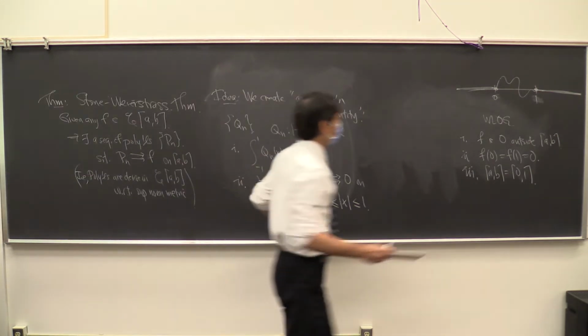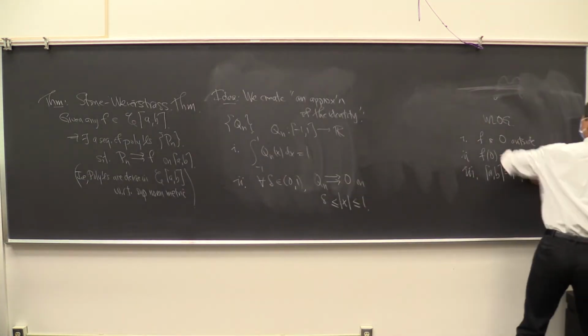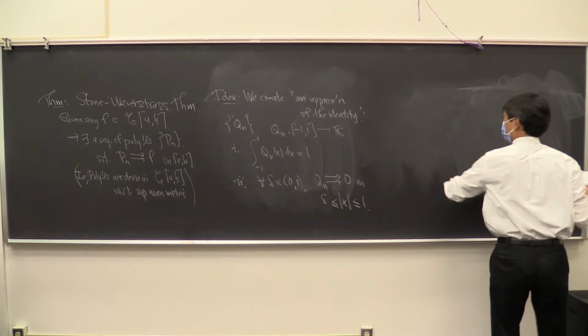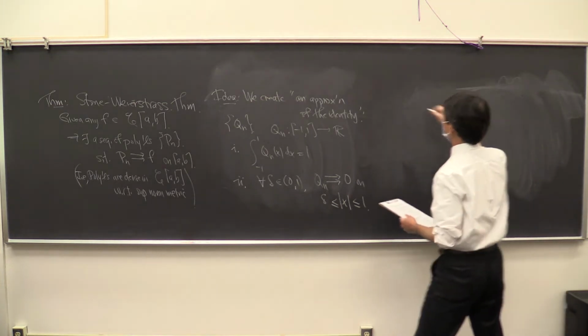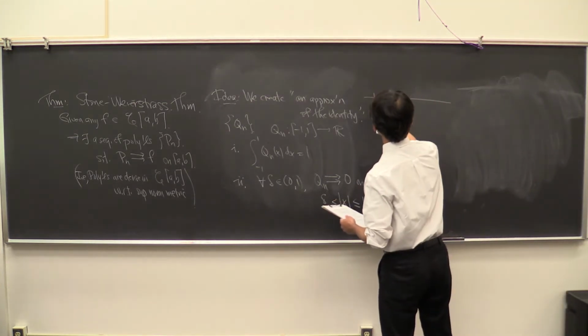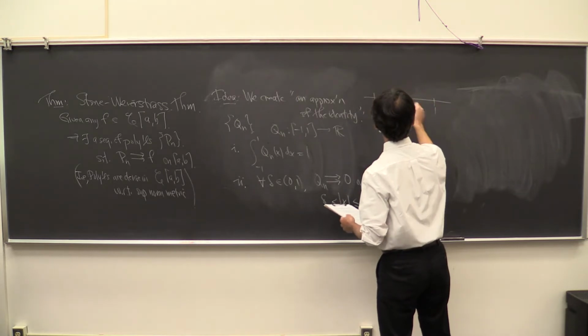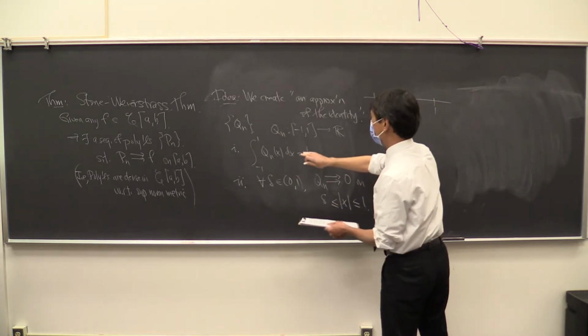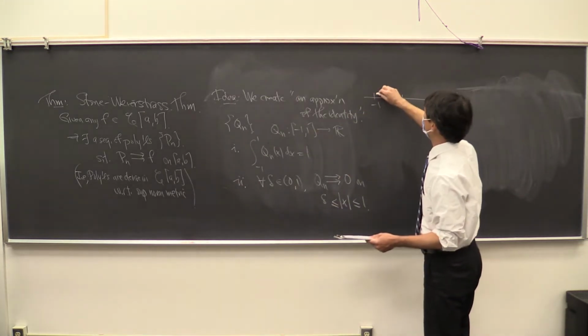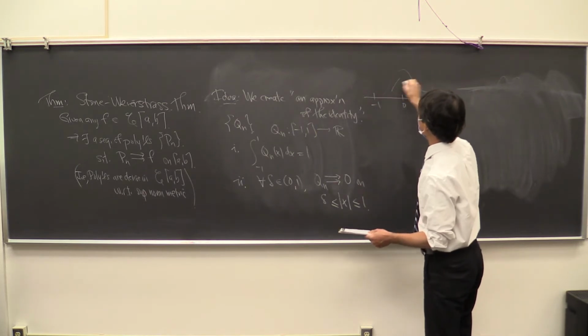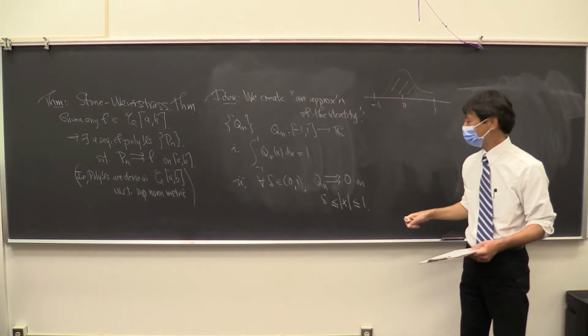So you're going to have these functions Q sub n. Here's negative 1, 1. Here's 0. The mass is always going to be 1, so the area under the curve is always 1.